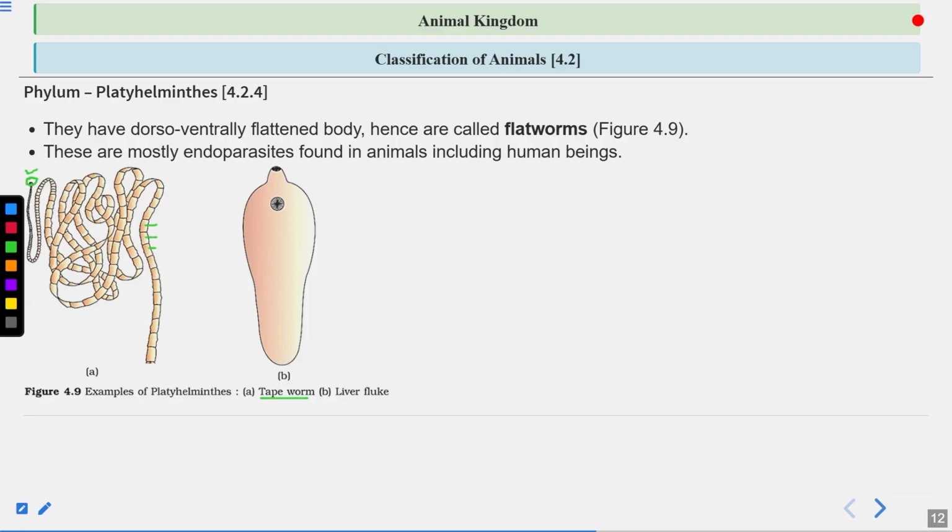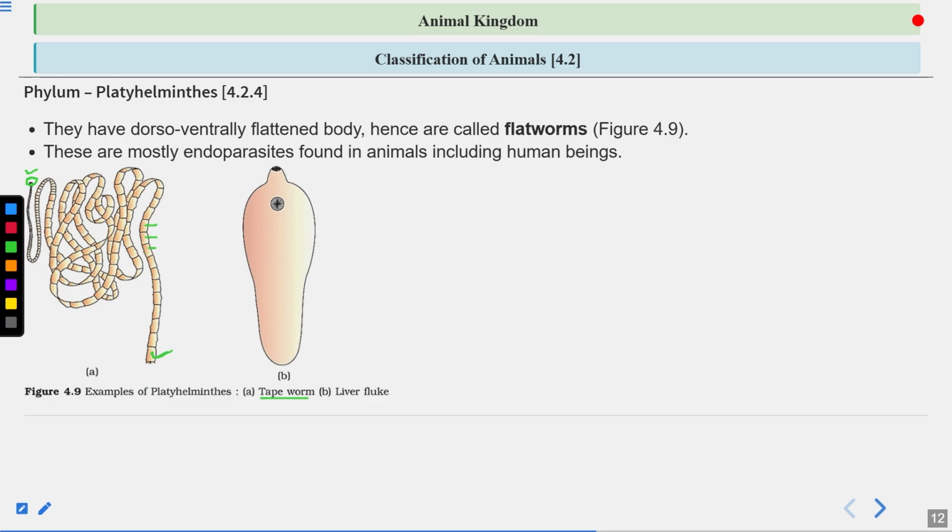They are present in the pork. You know what is pork? The meat of pig. The people who consume the pig meat, and that meat is not cooked in a proper way, then these proglottids can be present in that meat.